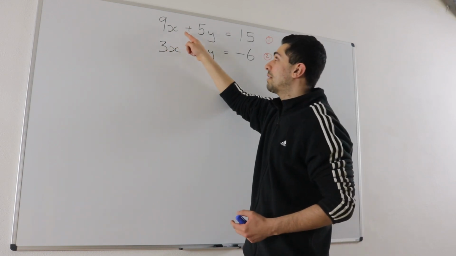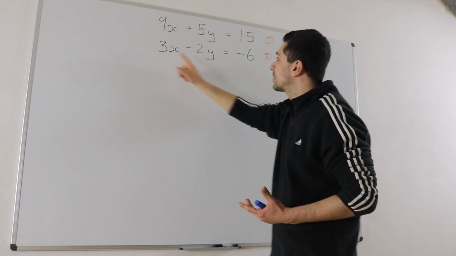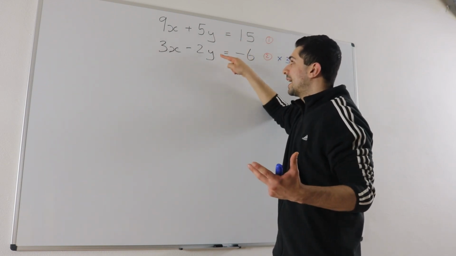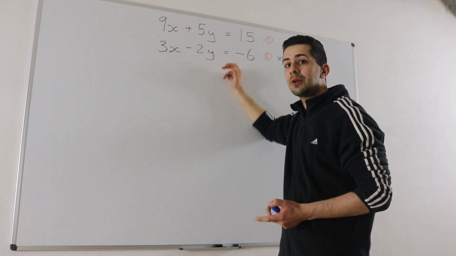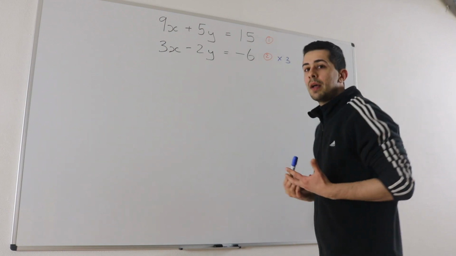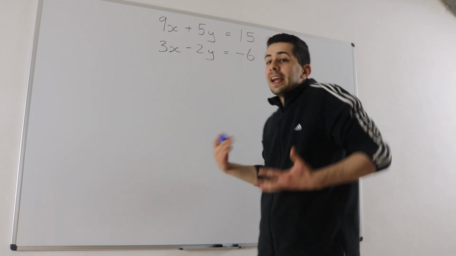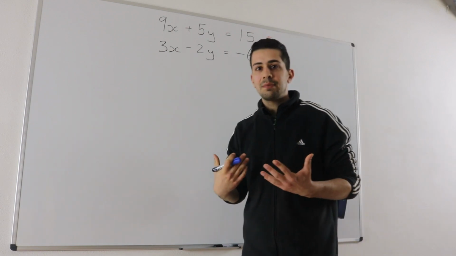Because like that I will have 9x and 9x, which will cancel each other out. Changing 5y and 2y, both of them to 10y, for them to cancel out, requires more effort, because then I would need to multiply both equations to do that. In this case, I can simply modify one of the equations to achieve the same result.